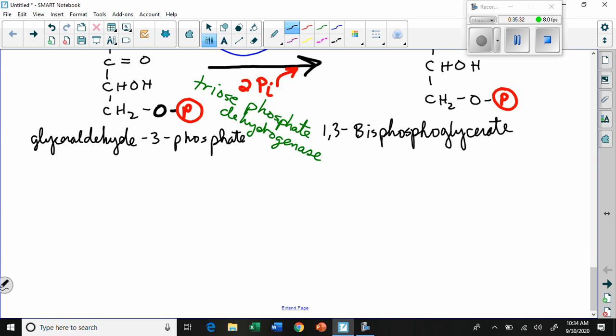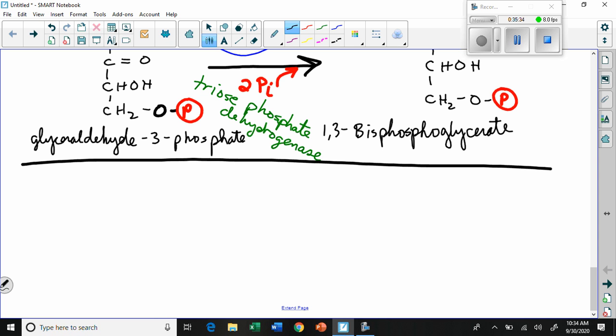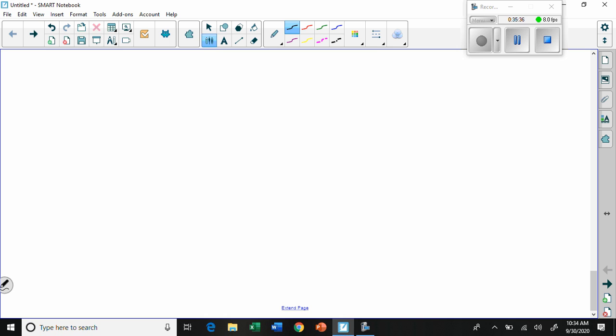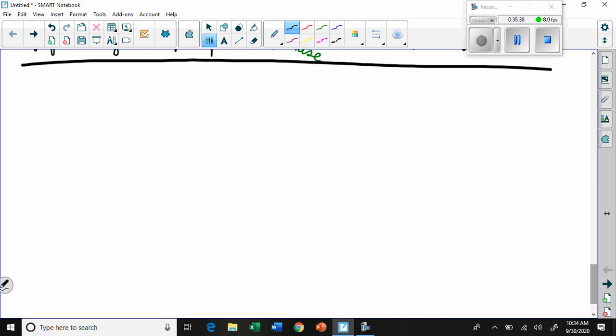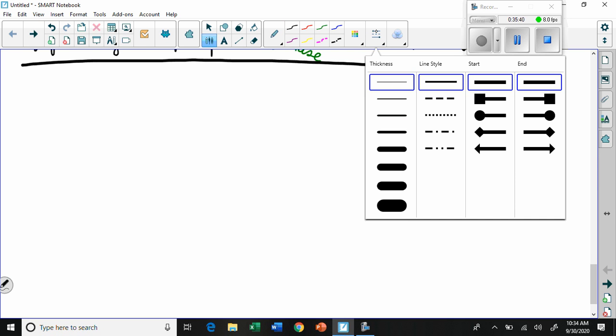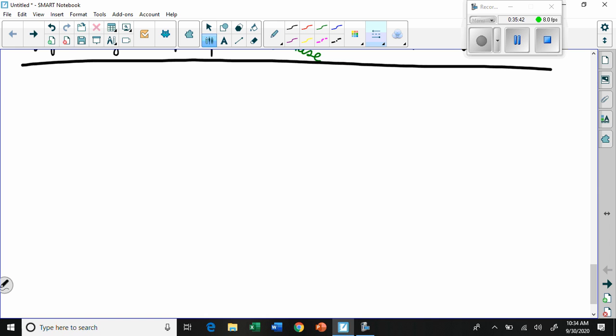So we're going to redraw that 1,3-bisphosphoglycerate for the next step. We can put a line under here if we want, and then move down. And of course it has 2 phosphates.